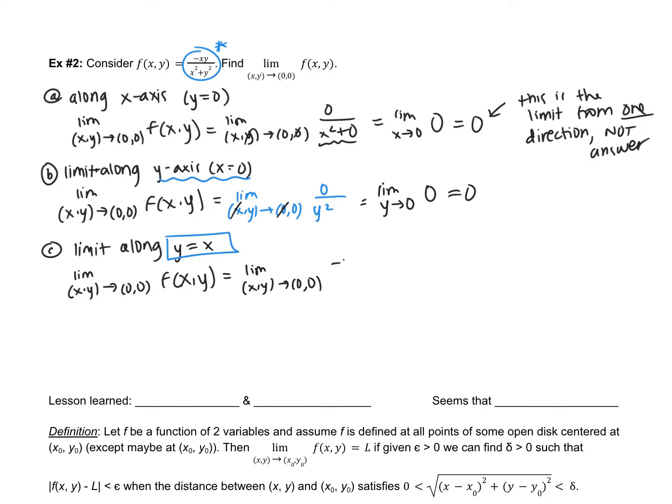So that's going to give me negative x multiplied by x over x squared plus x squared. So that is the limit as, well, we've already taken care of the y, so really it's just x at this point. That is the limit as x approaches 0 of negative x squared over 2x squared. Don't substitute in yet. So this is the limit as x approaches 0 of negative 1/2, which gives me a value of negative 1/2.